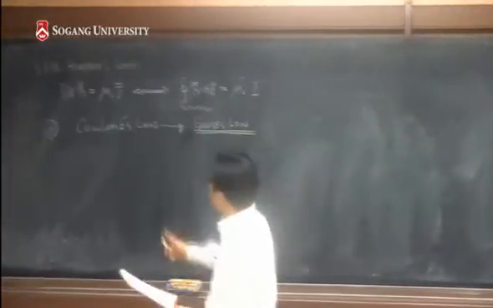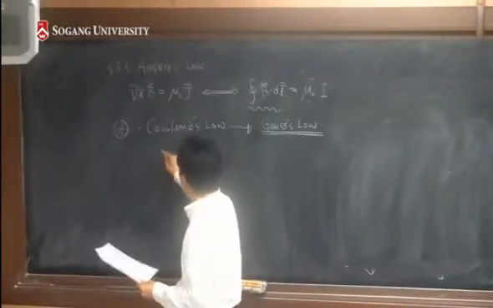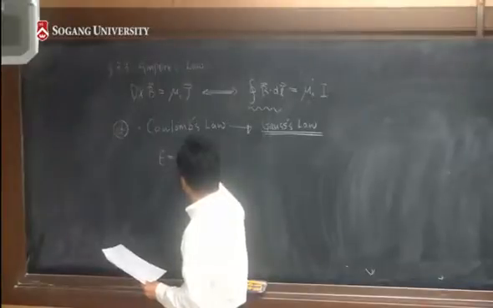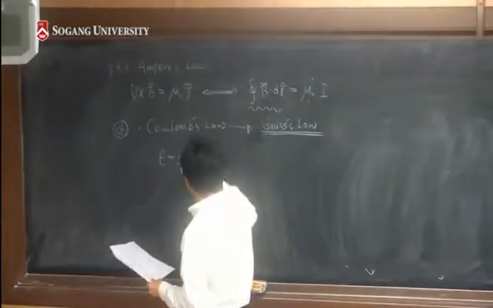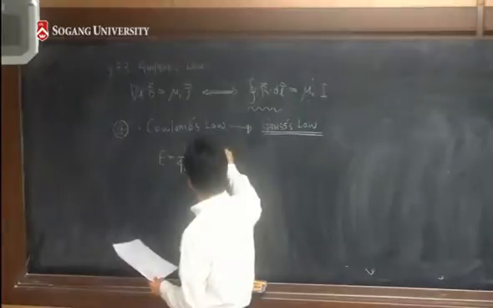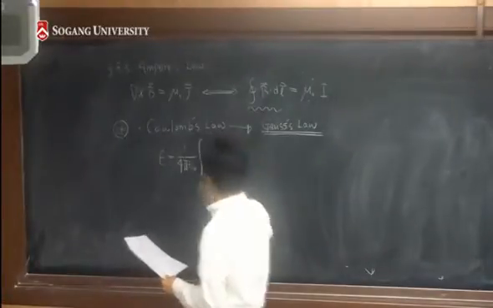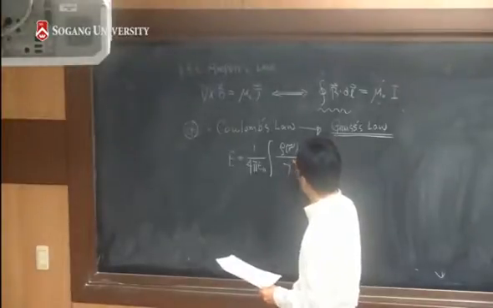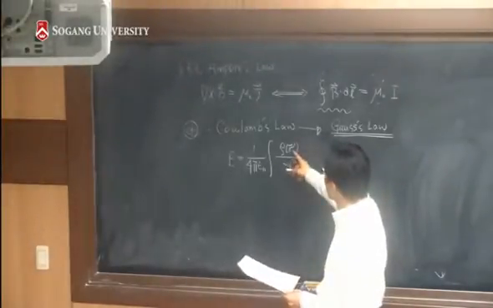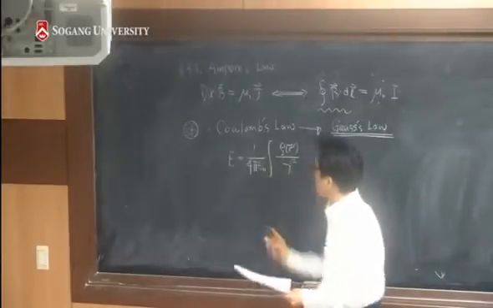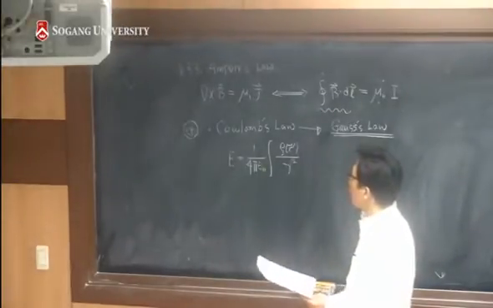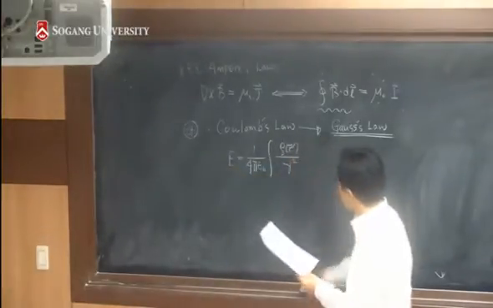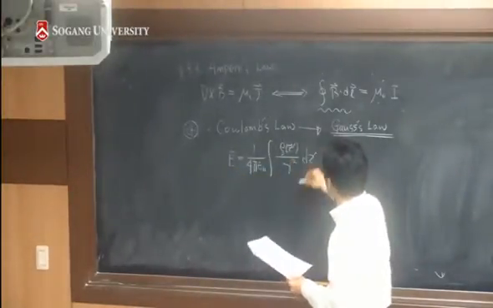The form of Coulomb's law is given this way: 1 over 4 pi epsilon 0, and take an integration of the charge density distribution in the r prime coordinate, divided by gamma squared, which is the distance between r prime and the position vector r where we want the electric field, and take the volume integration. That is Coulomb's law.